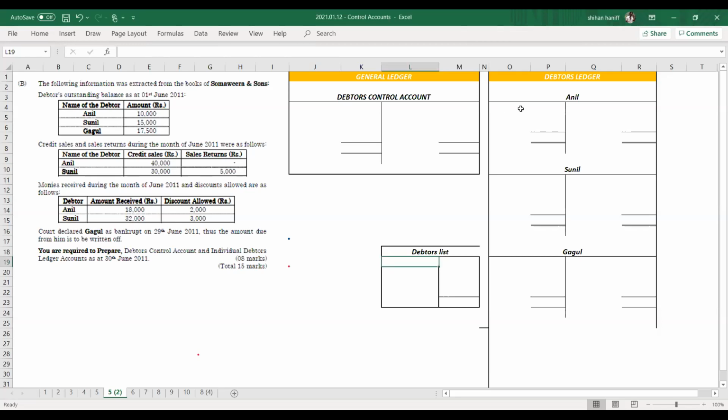Okay, so let me start. Opening balances are given. Balance brought forward: Anil debit 10,000, Sunil 15,000, Gagul 17,500. So the total balance brought forward is 10 plus 15 plus 17,500, which is 42,500.